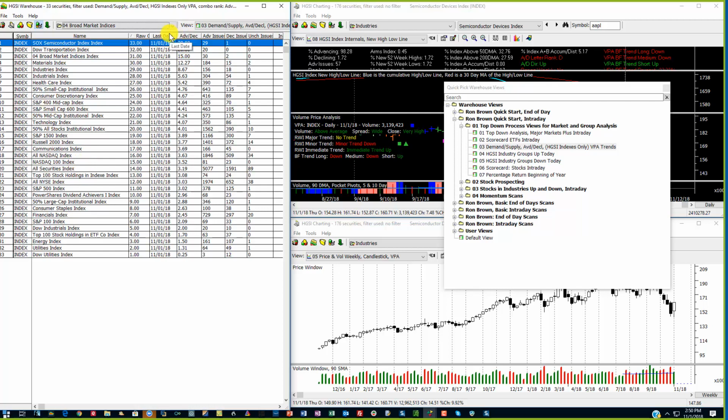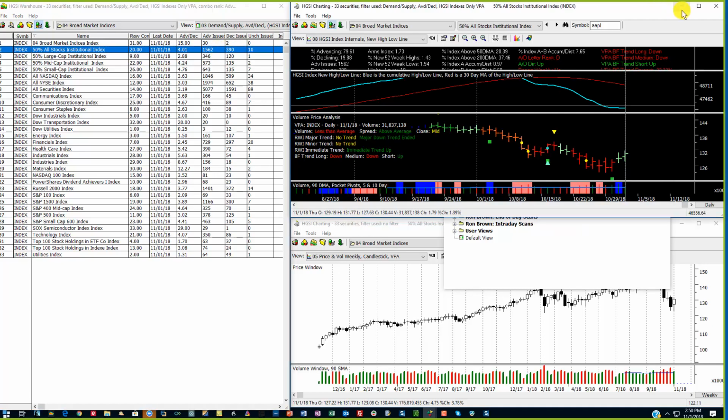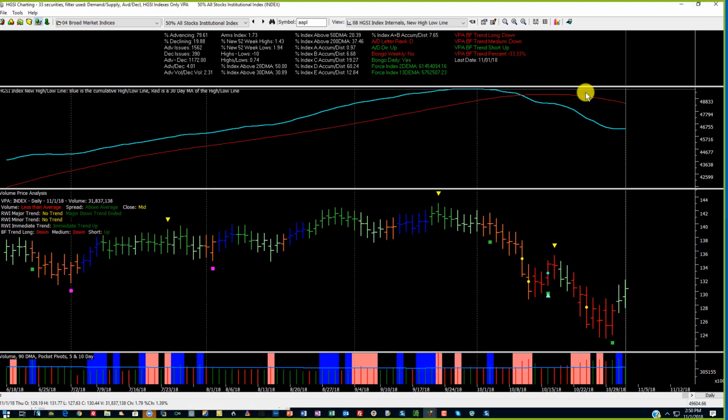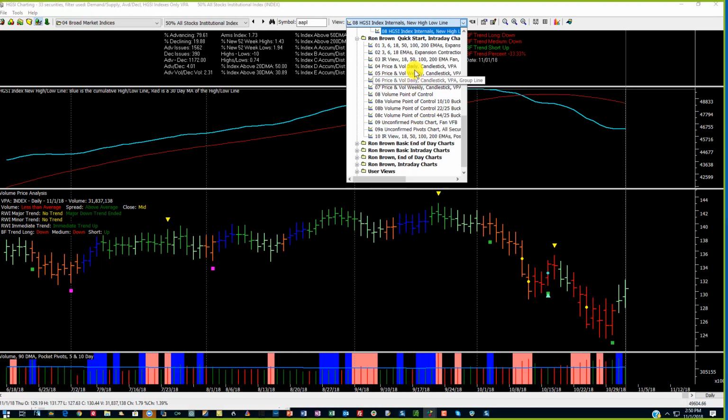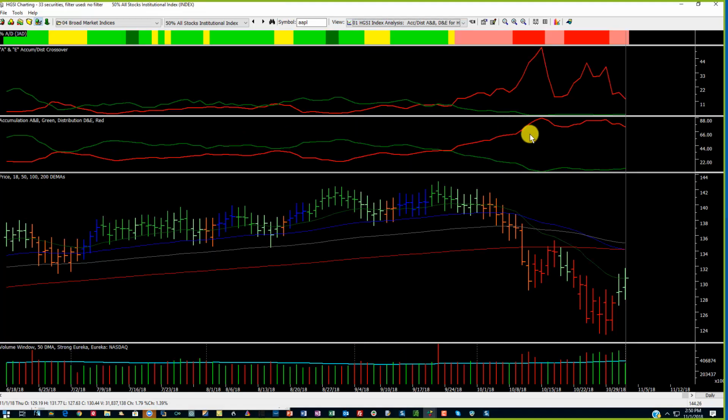What I generally do is look at all stocks with at least a 50% institutional sponsorship, and you can see that today this is running at 4-to-1, 4 advancers for every decliner. And this is a much broader look, and these are stocks where institutions have at least a 50% sponsorship in the stocks that make up the index.